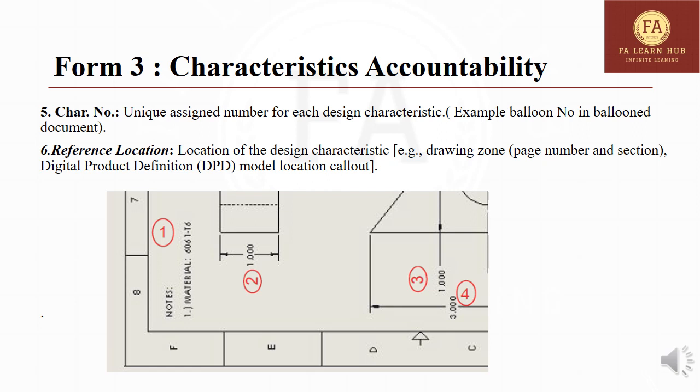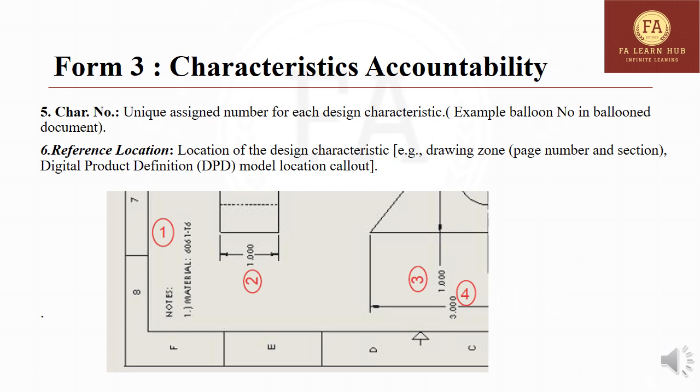So these alphabets and numbers can be considered as the coordinates of this drawing. For example, the material 6061 T6 can be considered as an X coordinate of F and Y coordinate of 7. That means the drawing location can be considered as zone F7.